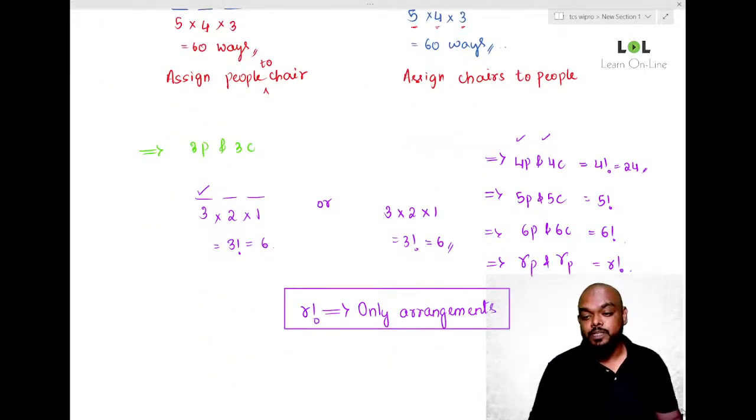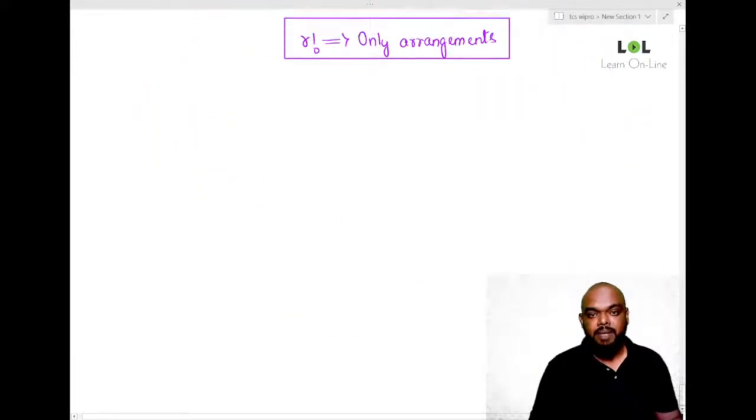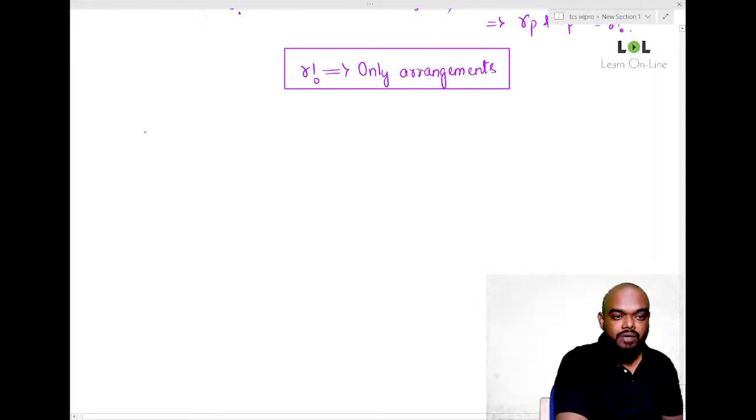Look at the previous problem. Observe the previous problem, everyone, carefully. What we had? 5 people and 3 chairs. We got the answer as 5 into 4 into 3, 60. We have another way of doing this.